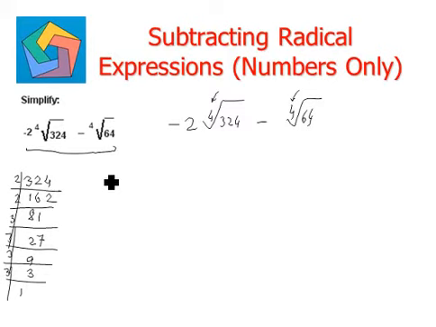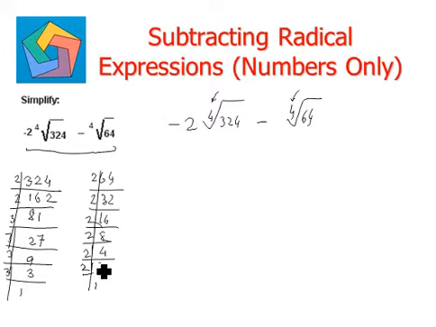Also we make out the factors of 64. 64 divided by 2 is 32. 32 divided by 2 is 16. 16 divided by 2 is 8. 8 divided by 2 is 4. 4 divided by 2 is 2, and 2 divided by 2 is 1.